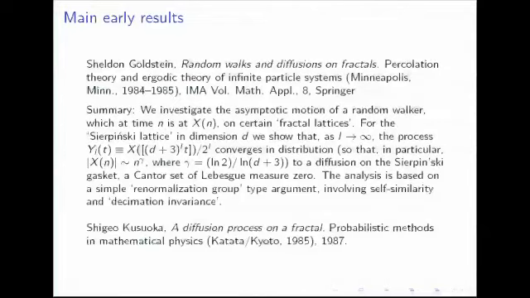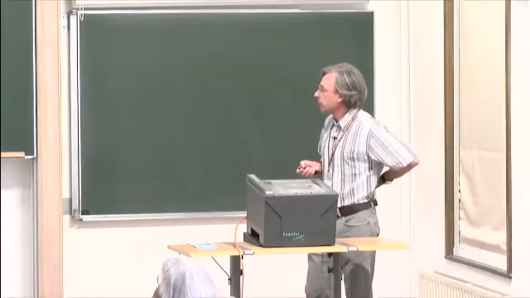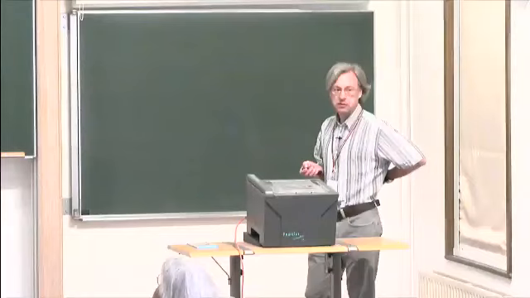A more precise result was obtained by Kusuoka at about the same time. It's important here that you scale time as a power which is not an integer, a ratio of two logarithms. And this is the source of these fractional walk dimensions and spectral dimensions.